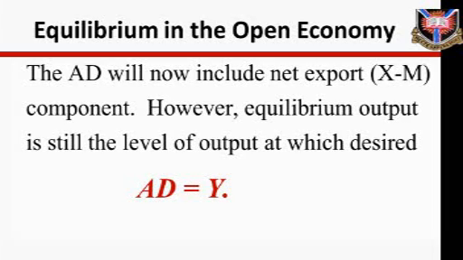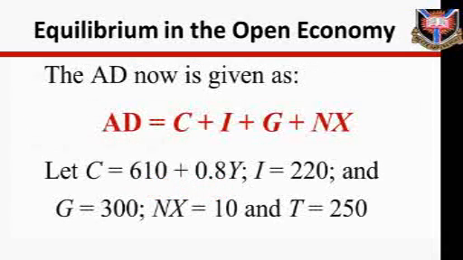To establish equilibrium in an open economy, let us rewrite our aggregate demand function and incorporate the net export component. To put the matter very simply, let us assume that planned aggregate demand is given by AD equals C plus I plus G plus NX.